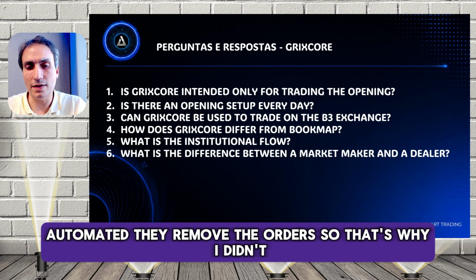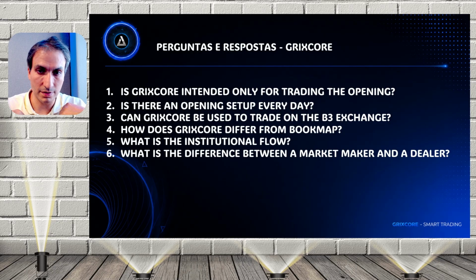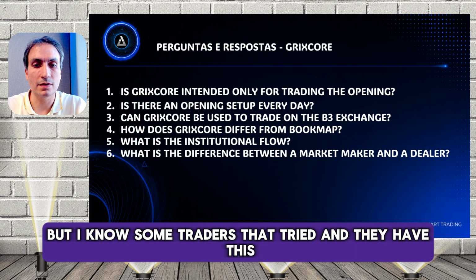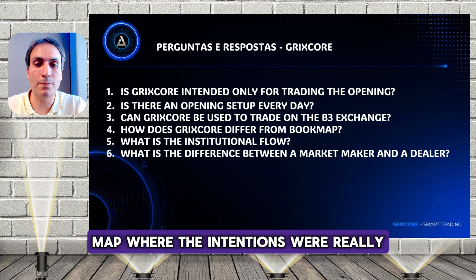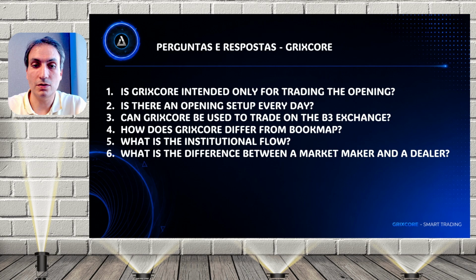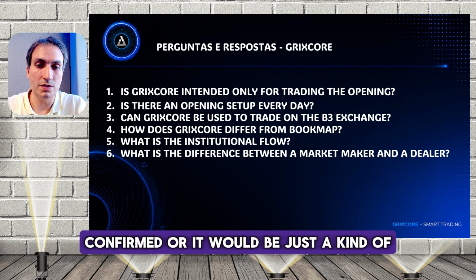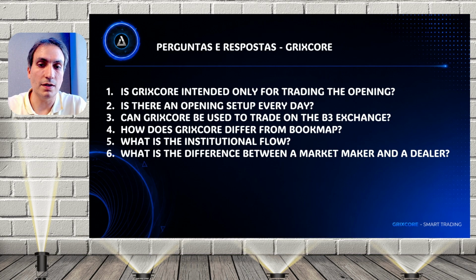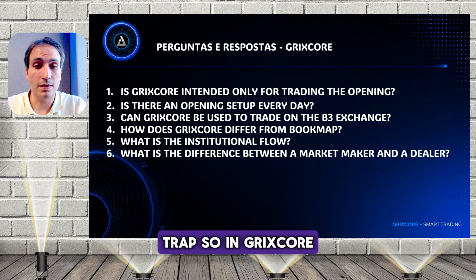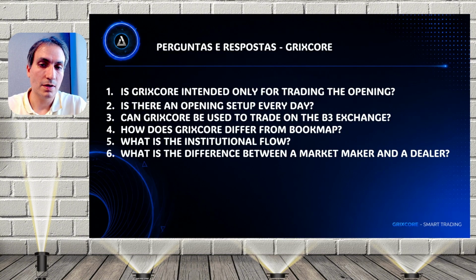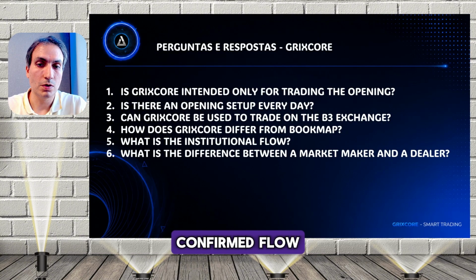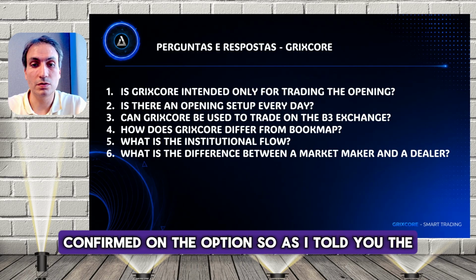So that's why I didn't test Bookmap myself, but I know some traders that tried, and they have difficulty knowing whether the intentions were really confirmed, or if it would be just a kind of trap. So in GrixCore, we have the aggressions already made, the flow confirmed on the options.